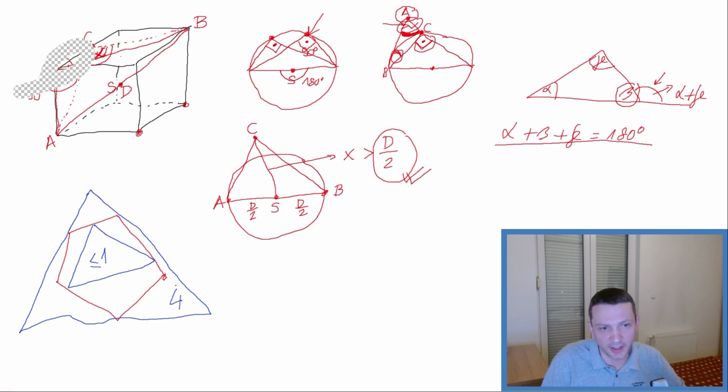So an area of 4 is enough to cover this polygon with a triangle.